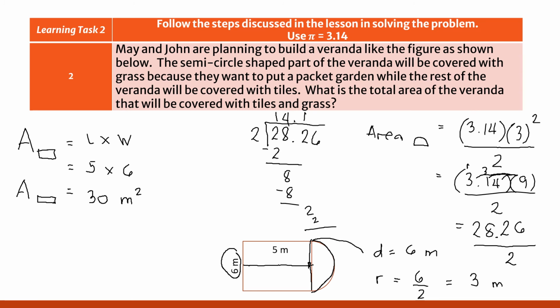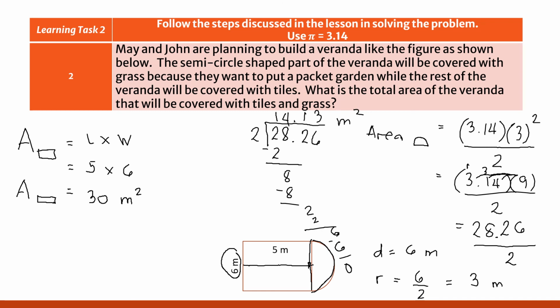A difference of 0, then bring down 6. 6 divided by 2 is 3, and 3 times 2 is 6. 6 minus 6 is 0. So, meaning to say, ang ating quotient ay 14.13. 14.13 what? Square meter. So, ito ngayon yung area of a semicircle.